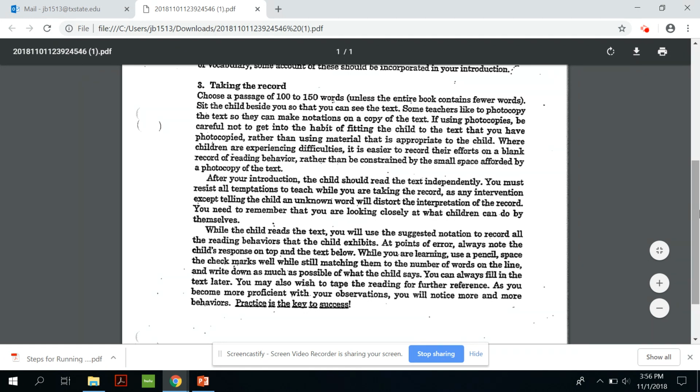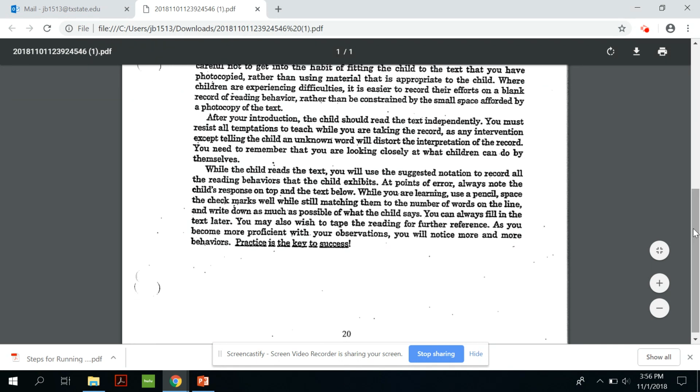Once you've gotten all of your codes down and the student has completed reading, you can further ask the student questions about retelling the story and some further comprehension questions. And then you would move into your data analysis with the accuracy rate, error rate, self-correct ratio, and so on.